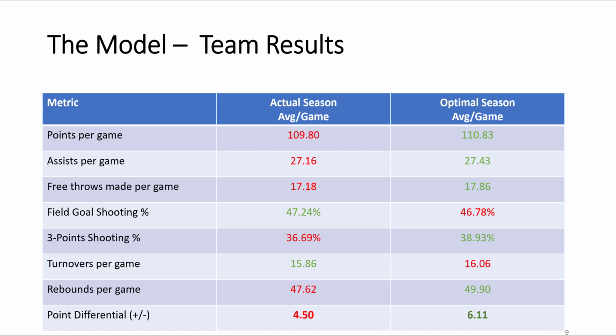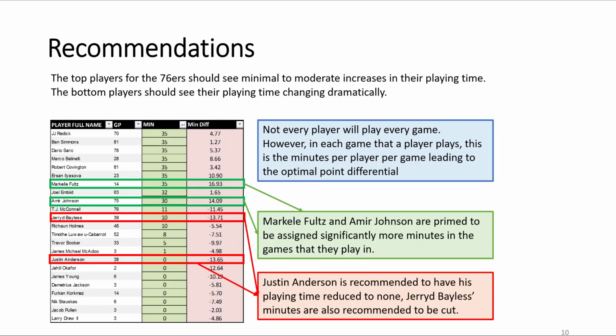This improvement would make the Philadelphia 76ers absolutely dominate with a higher team plus minus than the champion Golden State Warriors. Another important thing to note, not every player plays every game. However, in the games that players do end up playing, the recommended minutes are sorted above.